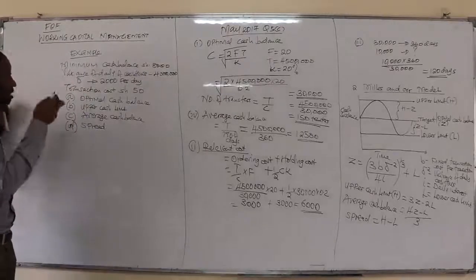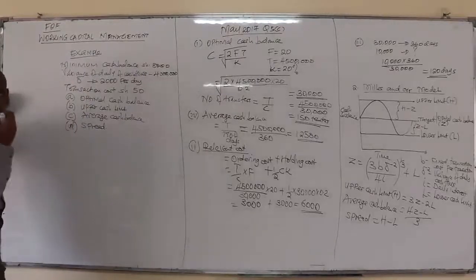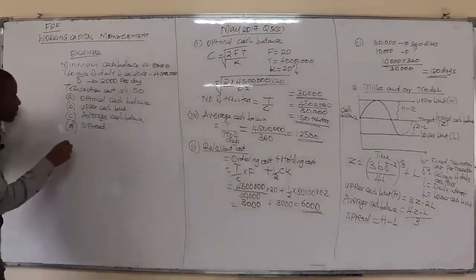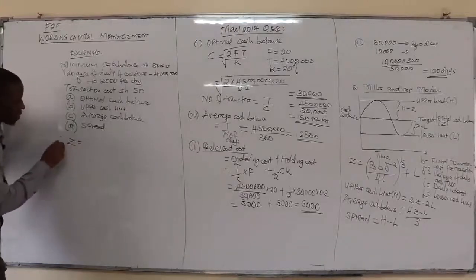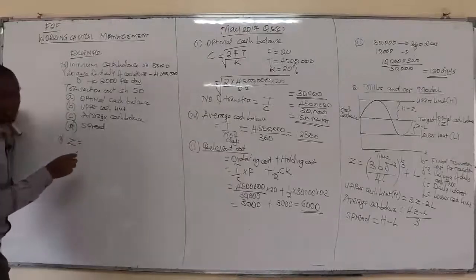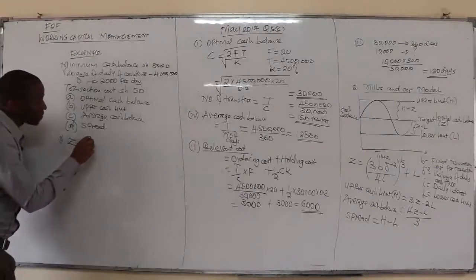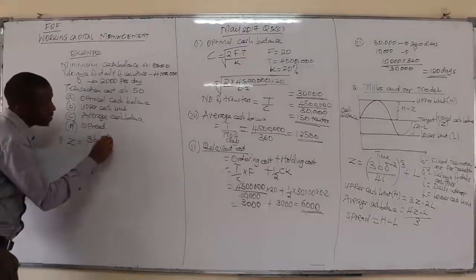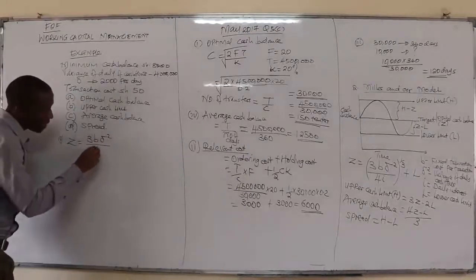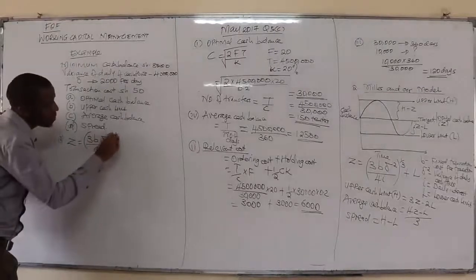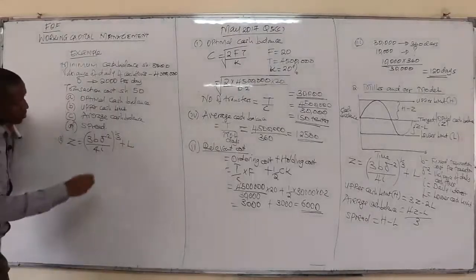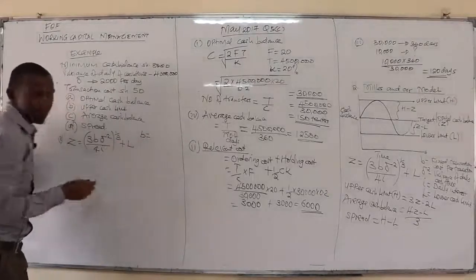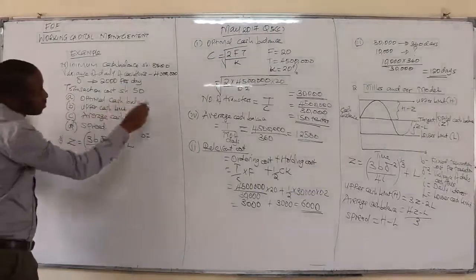So in that case, let's begin with the first one, where we want to get the optimal cash balance. Now for the optimal cash balance, we've said you get it by taking 3B standard deviation, you divide by 4I, then you multiply by 1/3, then you add L. In our case, B is the fixed transaction cost per transaction, which is 50.